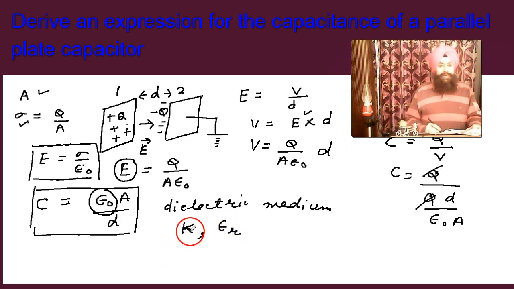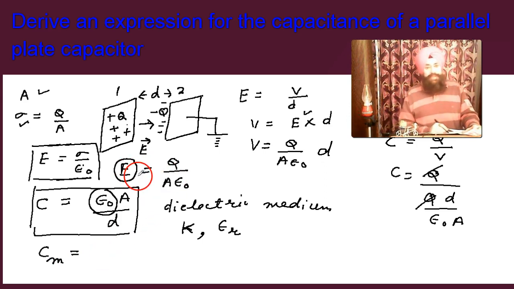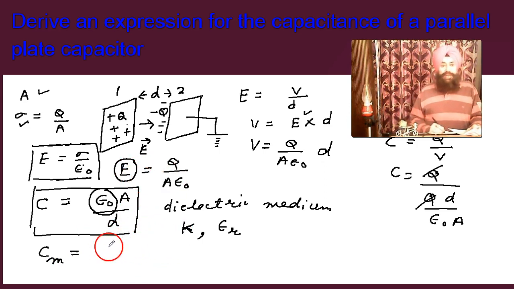Dielectric constant K or epsilon R relative permittivity. Then the formula for the dielectric medium between the two plates becomes epsilon R epsilon naught A by d. So if between the two plates there is a medium of dielectric constant K, you can put K here also, or the relative permittivity epsilon R.